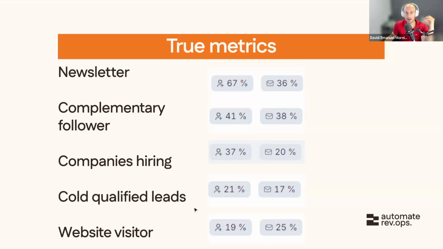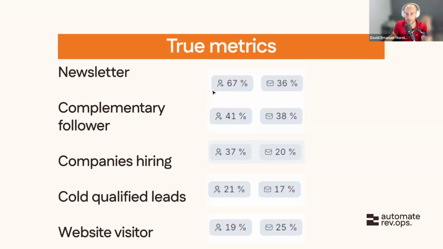Cold qualified leads are just without triggers, to show you an example of how you can increase conversion rate just by using triggers. So 21% connection rate compared to 41 or 67 is not good enough.